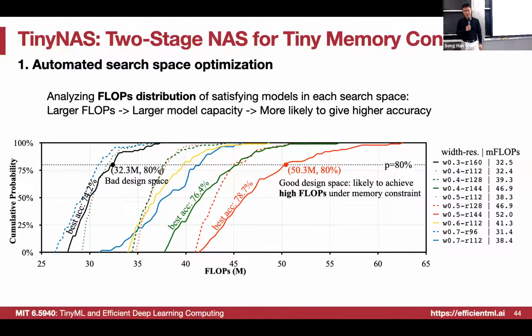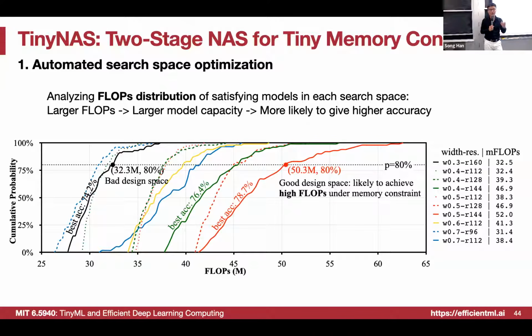So what is the approximation here? Given the same memory constraints, a good design space is more likely to achieve high FLOPs under this same memory constraint. Since memory is precious, that's the hard constraint. We only have this amount of SRAM and Flash. But how can we squeeze more compute in this fixed amount of memory?